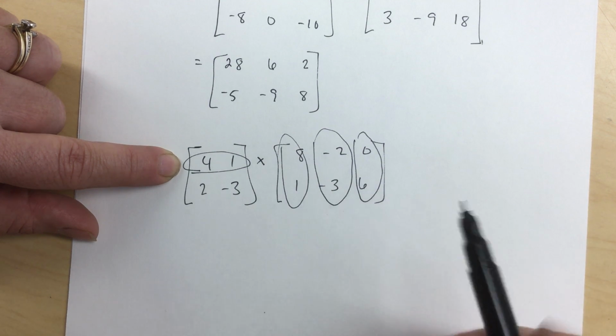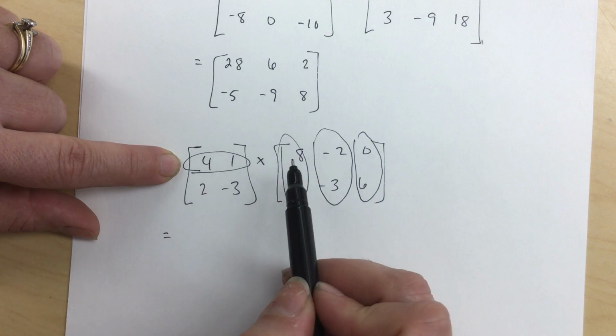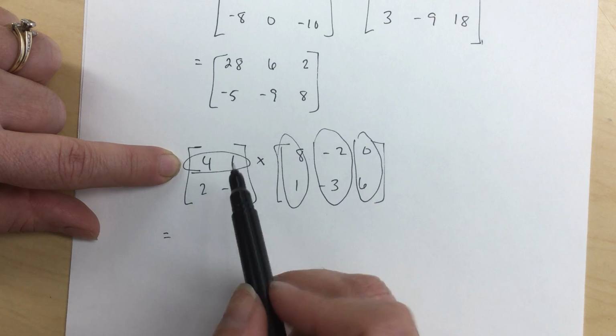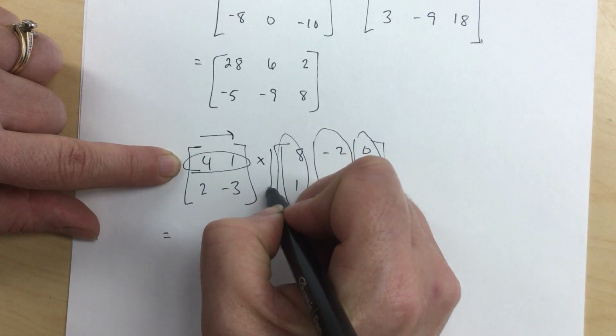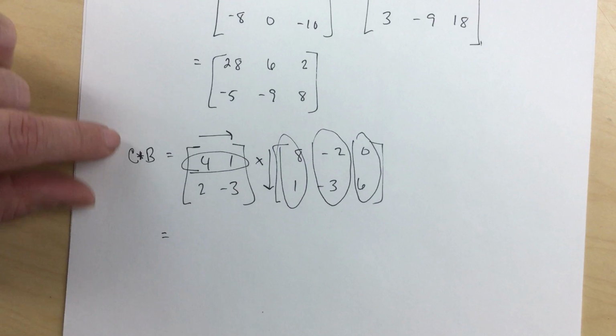So just bear with me. I know it's going to look really confusing at first. So I take 4 times 8 plus 1 times 1. I start on the left, go from left to right and from top down, pair them up, multiply them together, and add their answers.